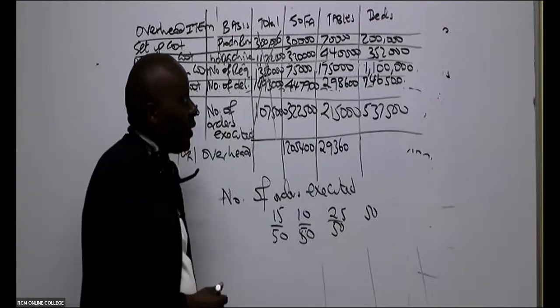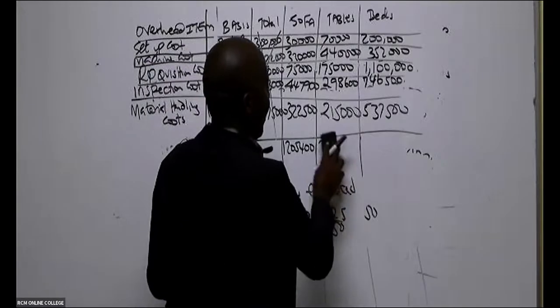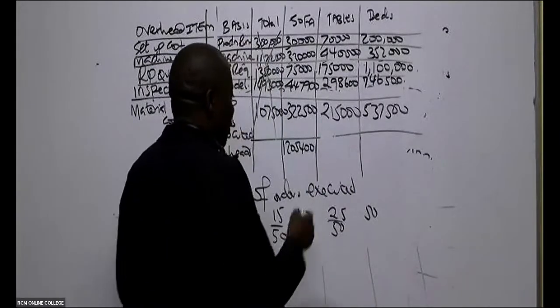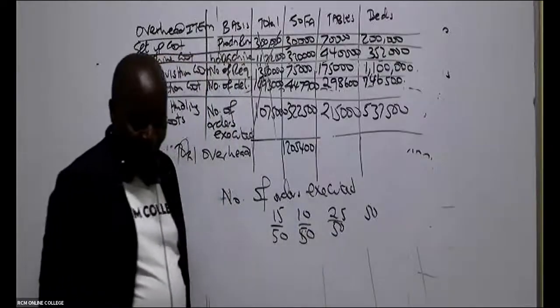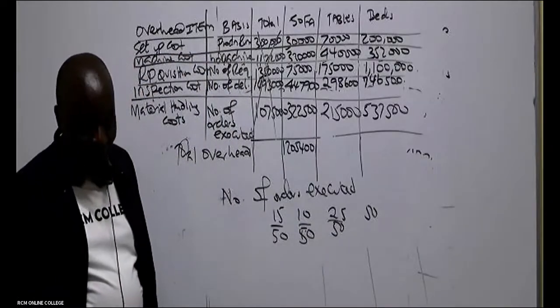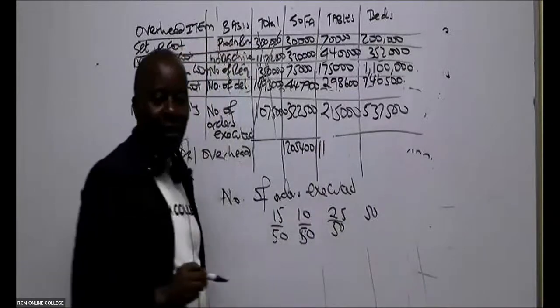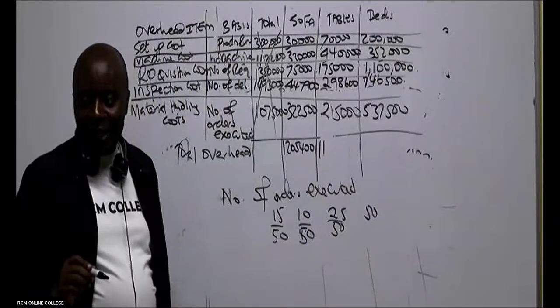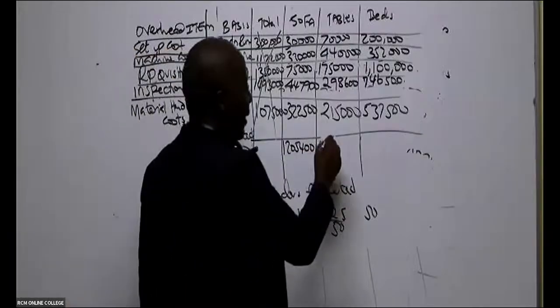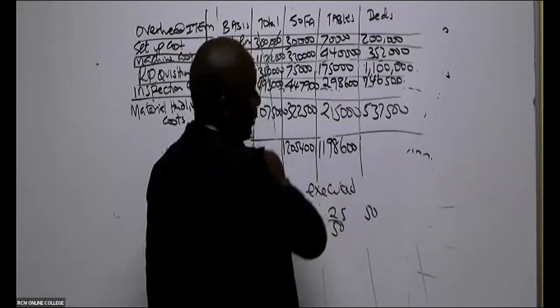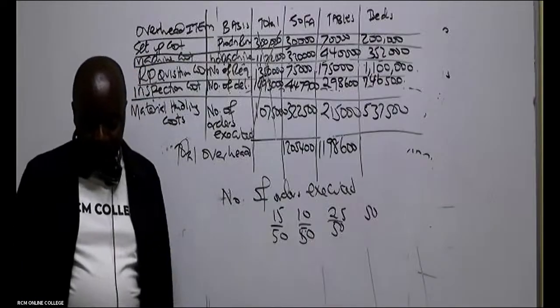This is supposed to be 11? So I started with 11, or 19? 11, 9, 8. Can somebody confirm that the figure is correct?